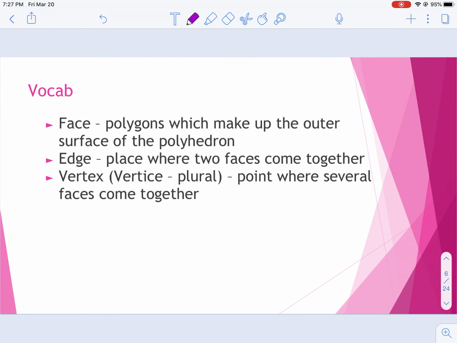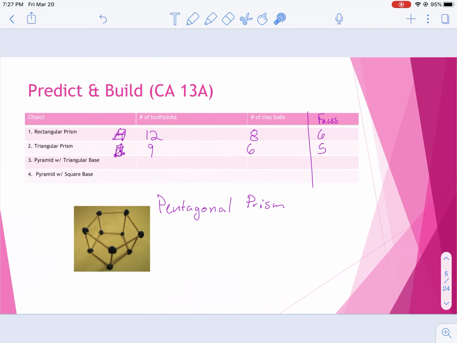Maybe before I do the next 2, I'm going to skip to the next slide. Just some vocab. The face is a polygon that makes up the outer surfaces of the polyhedron. The edge, on the other hand, is a place where 2 faces come together. If you think about it, where is it in our picture where 2 faces come together?